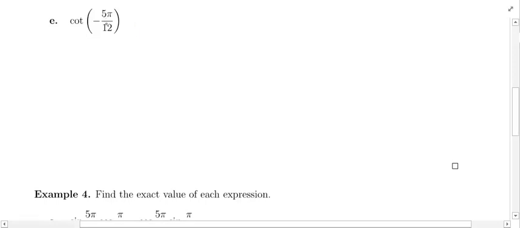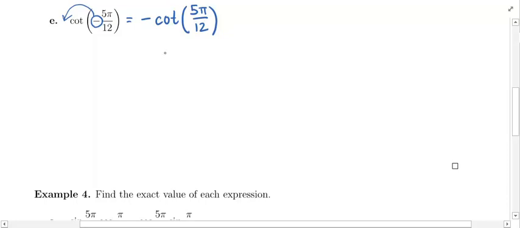If you remember, cotangent is an odd function, so that means if you're taking the cotangent of a negative angle, you can pull the negative out front. So this is going to be the negative cotangent of positive 5 pi over 12. The negative sign is still there, but now it's not part of the angle.